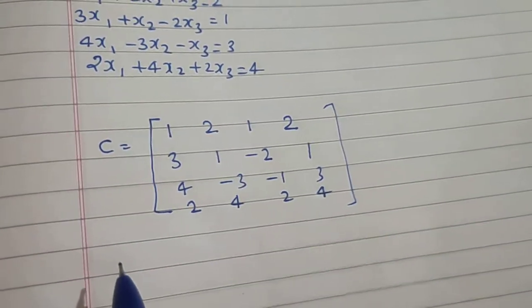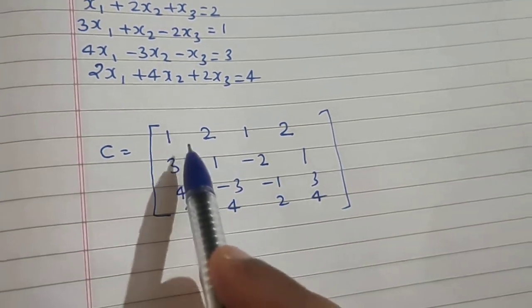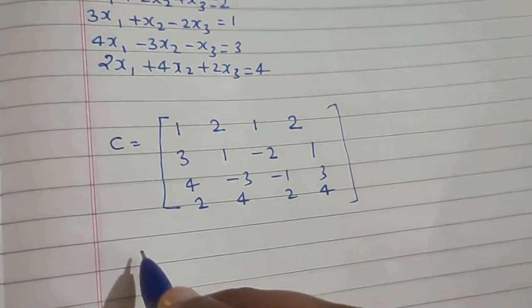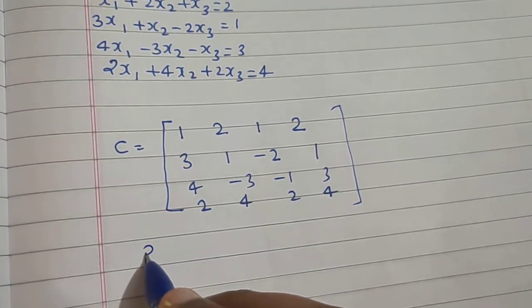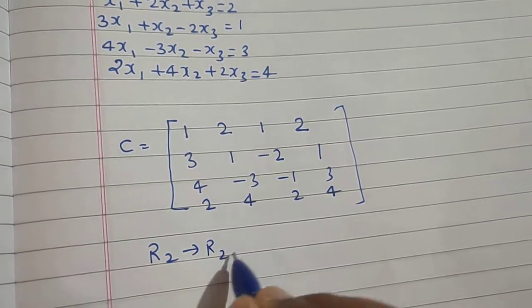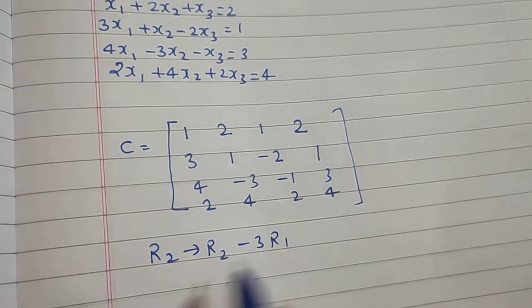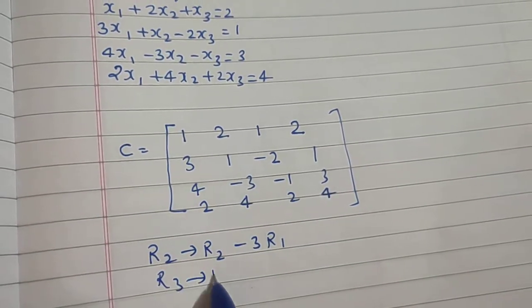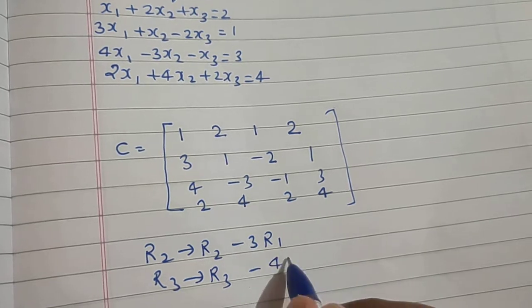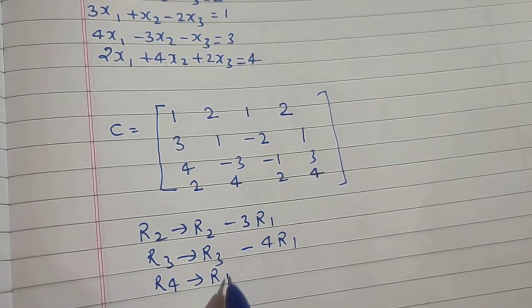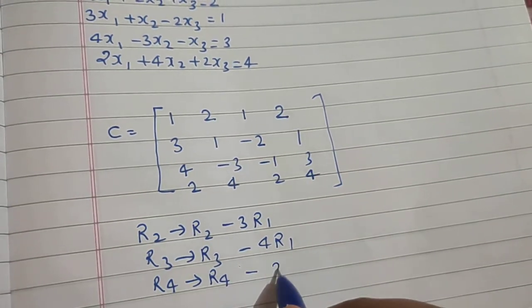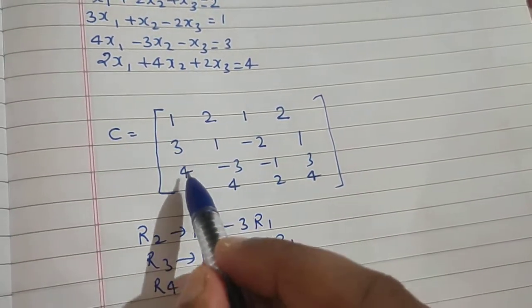So it's quite simple because the first element is 1, so just apply 3 operations. First one being r2 to r2 minus 3 times r1, r3 to r3 minus 4 times r1, and r4 to r4 minus 2 times r1, so that this 3 will become 0.